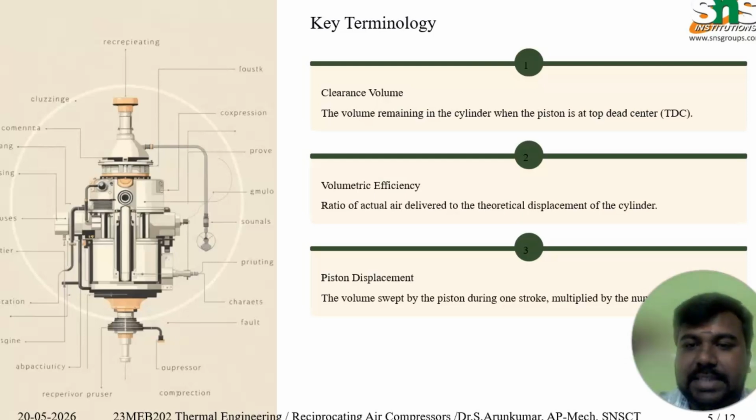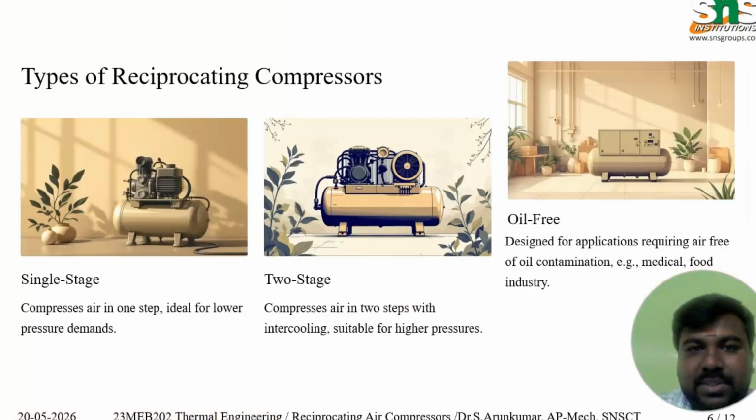When the piston is at top dead center, there is some volume still available inside the cylinder. It is called the clearance volume. Then volumetric efficiency is the ratio of actual air delivered to the theoretical displacement of the cylinder. And piston displacement is the volume swept by the piston during one stroke multiplied by the number of cylinders.